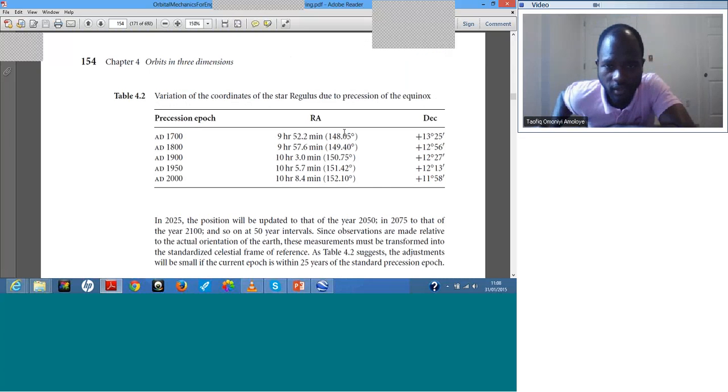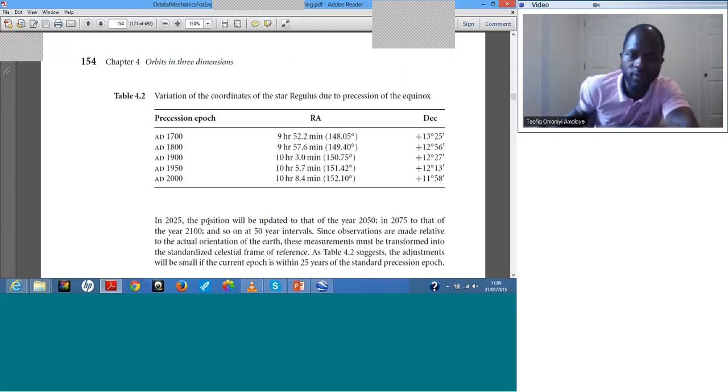We see that it varies quite a bit. It has varied from about 13 degrees to about 11 degrees, so it's actually moving over the space of about 300 years. So in 2025, the position will be updated to that of the year 2050.